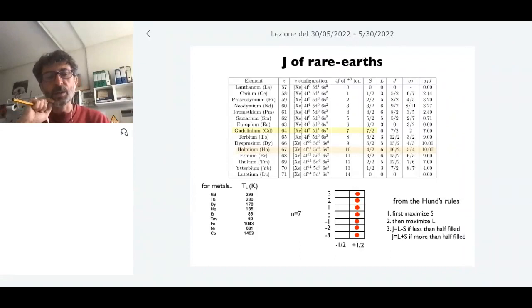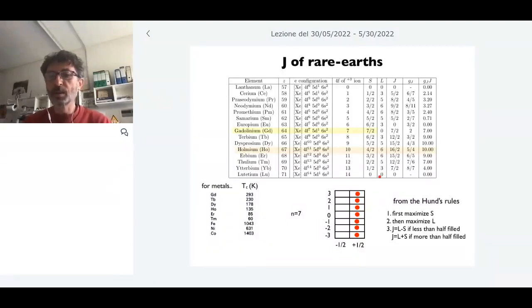This is one of the tables that concern the formation of the spin states in the elements of the transition metal of the rare earths series, and it shows the spin S, the orbital angular momentum L, and the total angular momentum J. So, for example, gadolinium is the element where the spin is maximum.